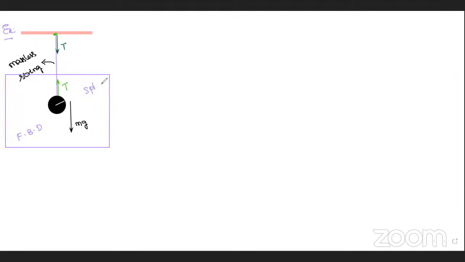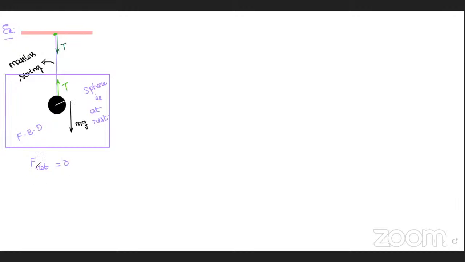Here, the sphere is at rest. Sphere is at rest means, according to Newton's laws, net force on the body is equal to 0. Since it is at rest, Newton's first law. Since the net force is equal to 0, the body at rest will remain at rest.